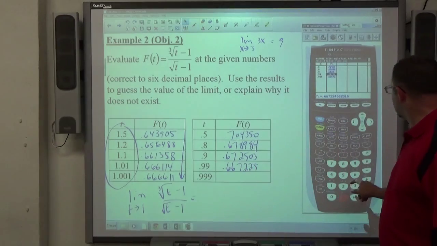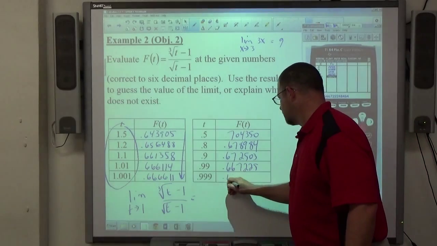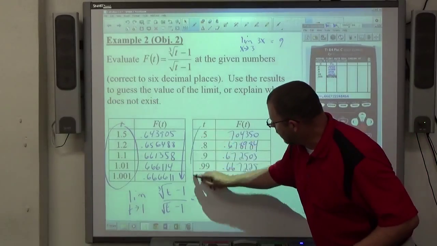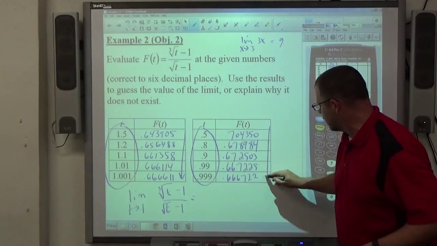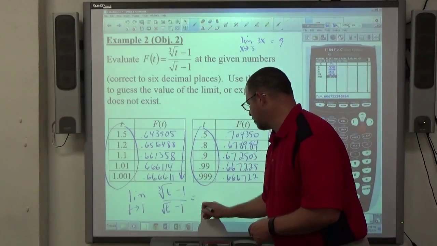And finally 0.667722. Okay, so here I'm getting closer going this way, so I look at these going this way. They look to be approaching 0.667.